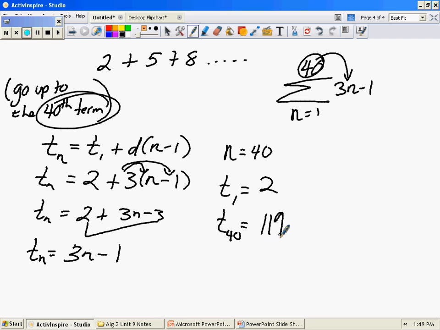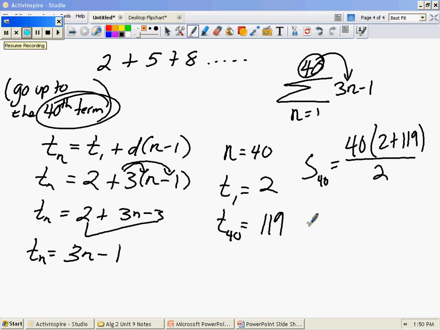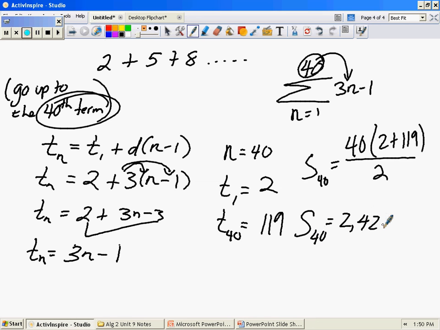And from there, you just use your summation formula. So the sum of the first 40 terms would be 40 parentheses 2 plus 119 over 2. And then you're set to go. And then 2,420. And we're getting 2,420.